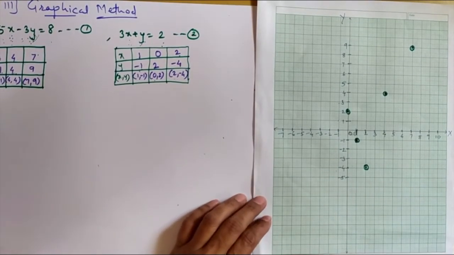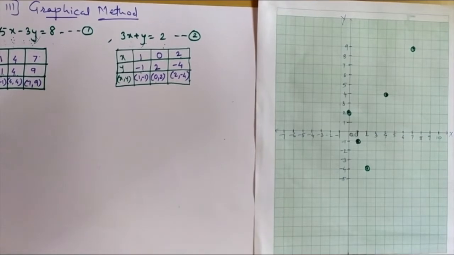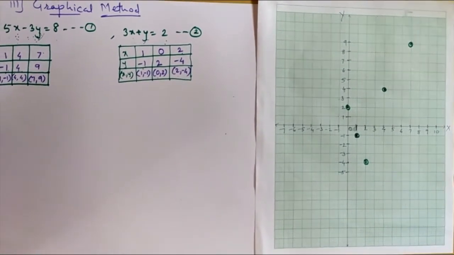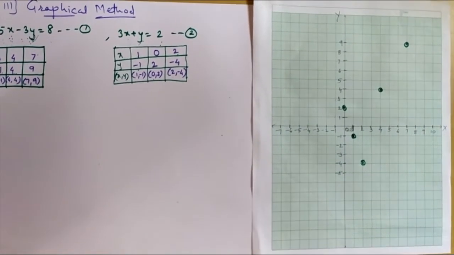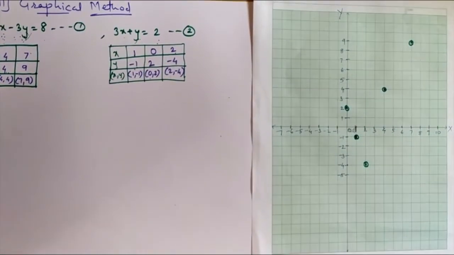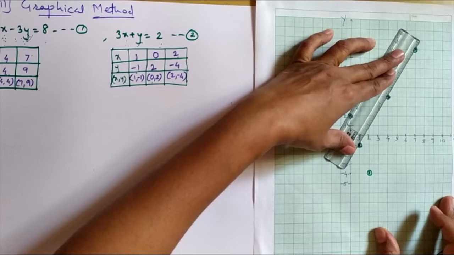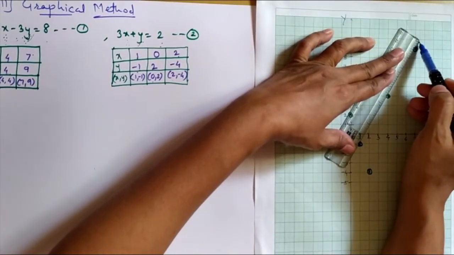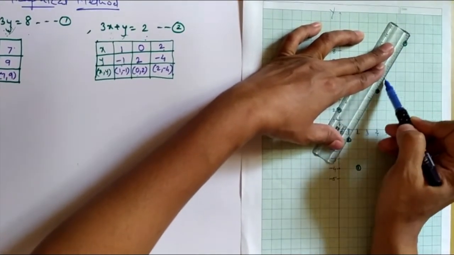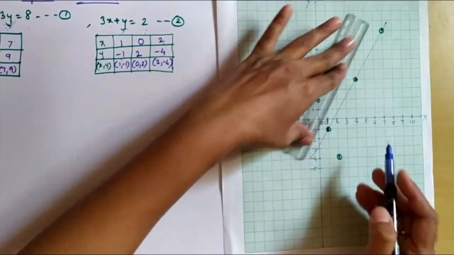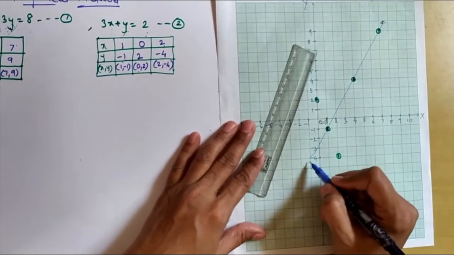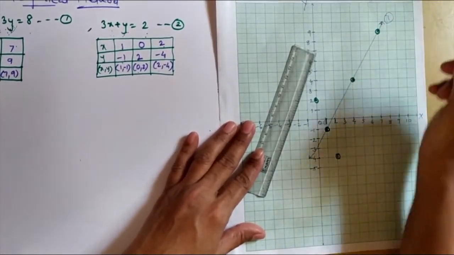Now you have to draw a line passing through these points. For first equation, the line comes out to be in this way. The line should be straight and it should include all 3 points. This is the line for first equation.